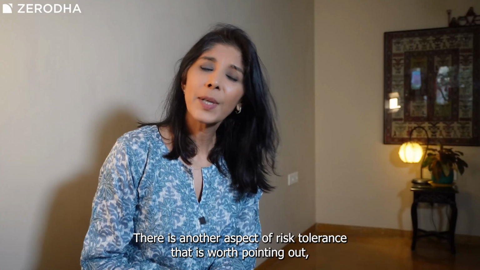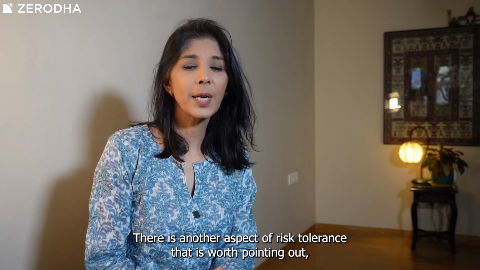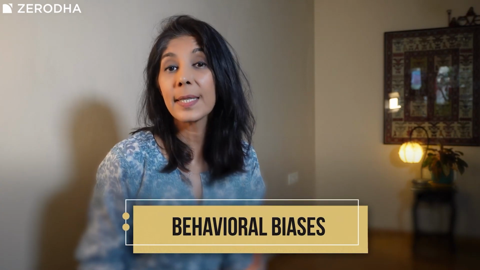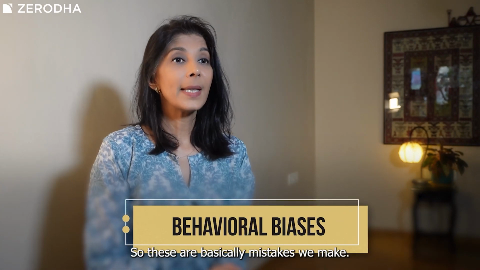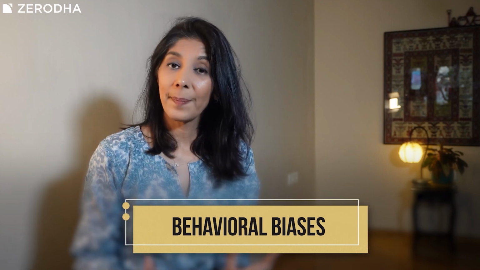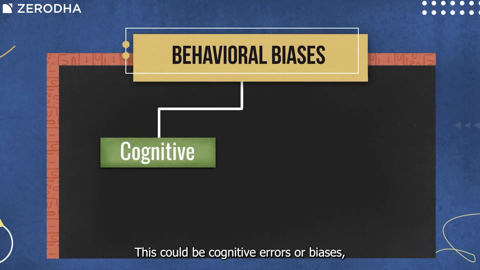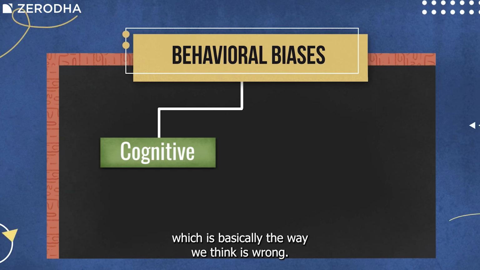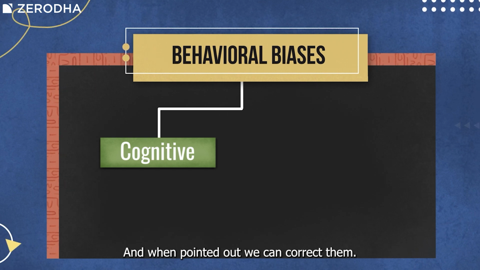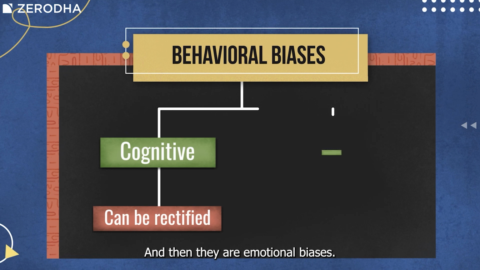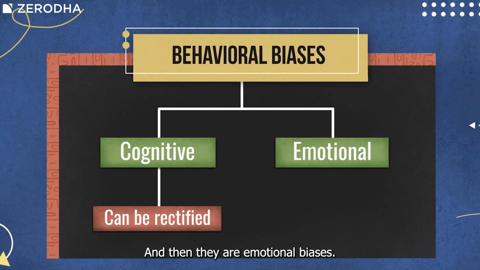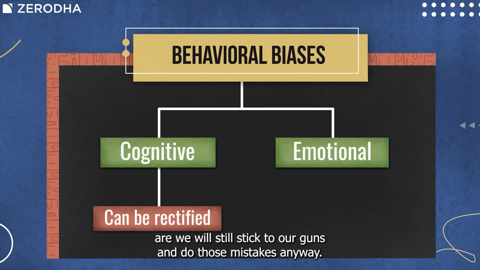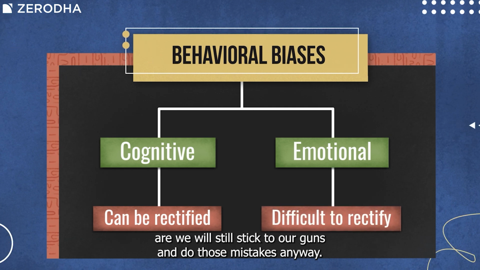There is another aspect of risk tolerance that is worth pointing out, and that is our short-term behavioral biases. So these are basically mistakes we make. These could be cognitive errors or biases, which is basically the way we think is wrong, and when pointed out, we can correct them. And then there are emotional biases. These, even if you point them out to us, chances are we will still stick to our guns and make those mistakes anyway.